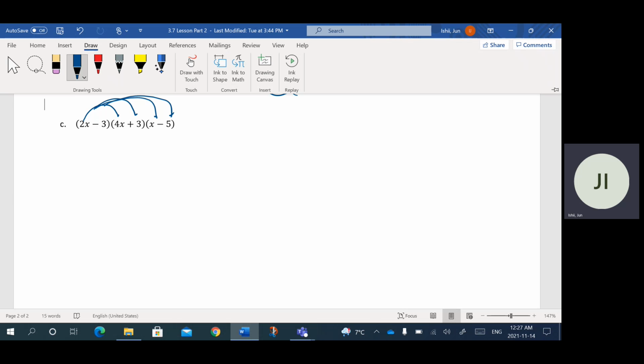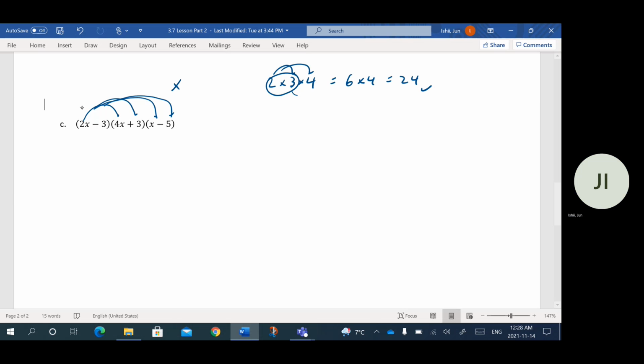So going back to this here, what we're actually going to do is expand out this set of brackets first. Essentially we are just multiplying the first two, and then we're going to multiply that with the x minus 5.